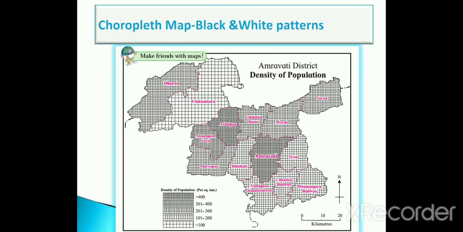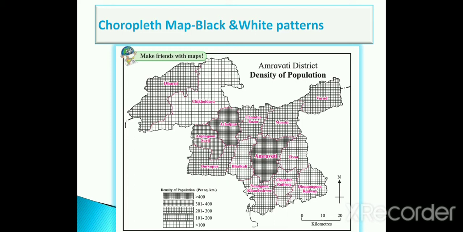See, next map is given, density of population of Amravati district, but here black and white patterns are used. Here also maximum and minimum values are decided. Minimum is 100 and maximum is more than 400.